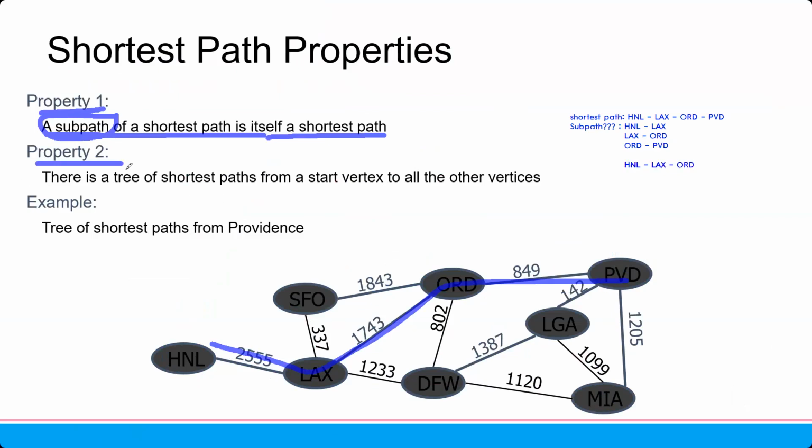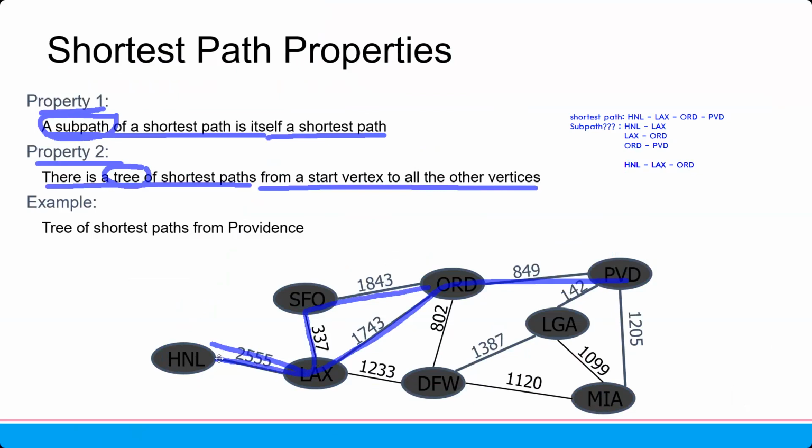Property 2. There is a tree of shortest paths from a start vertex to all other vertices. What is a tree? We learned about graphs and we also learned about trees. If we have a tree, it means we also look at a kind of simple path.